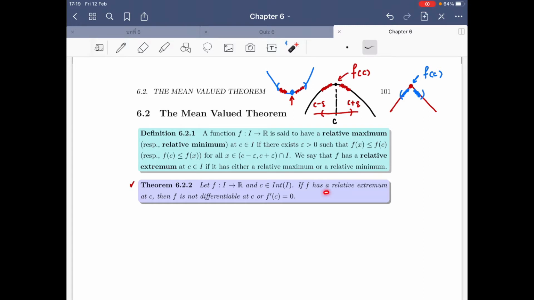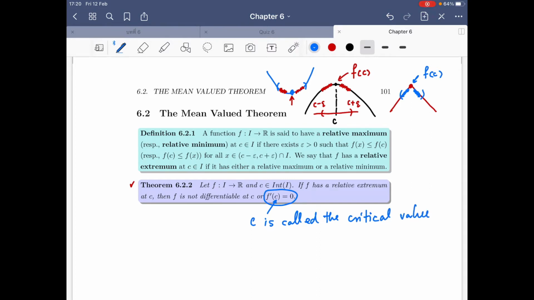And if f has a relative extremum at c, then f is not differentiable at c, or f prime at c is 0. If you remember, when f prime at c equals 0, this c is called the critical value, from your Math 1.